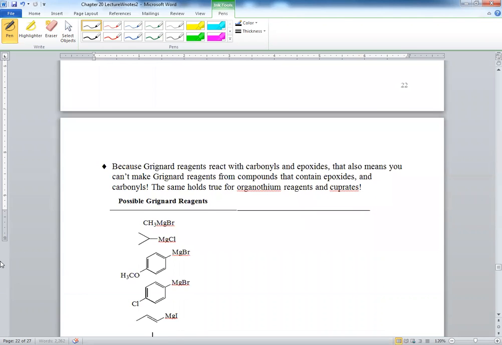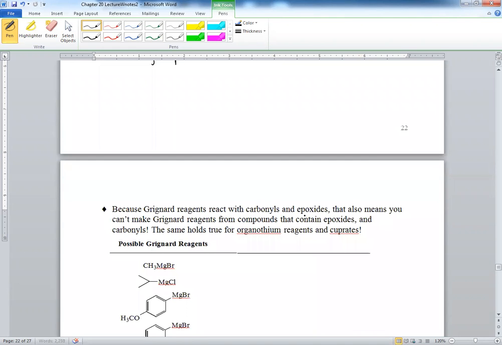Because Grignard reagents react with carbonyls and epoxides, that also means you can't make Grignard reagents from compounds that contain epoxides and carbonyls. The same holds true for organolithium reagents and cuprates.